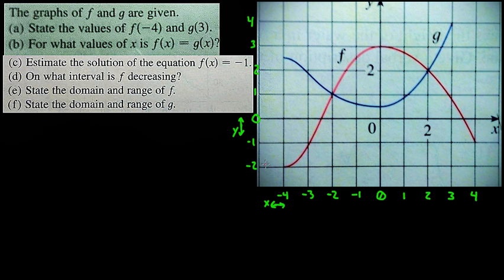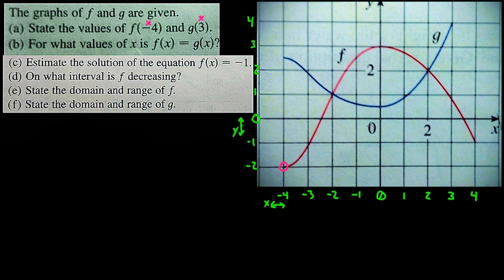So f of x equals y, and the corresponding value for f of negative 4, remember, this is really x. You find negative 4, and what y value does it correlate to? Right here, negative 2.